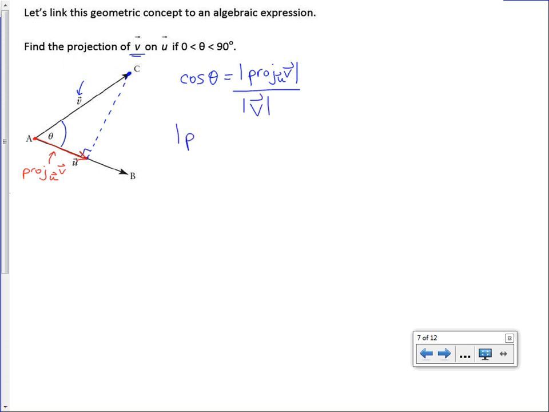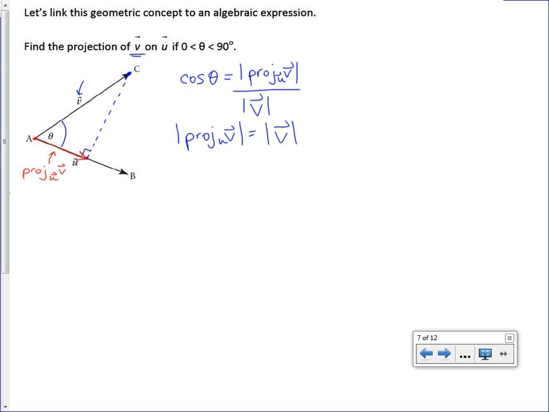So the magnitude of the projection of V onto U, if I isolate that, what happens with the cos theta? It gets multiplied by the magnitude of V. If I isolate the projection of V onto U, where should this go? Beside cos theta?